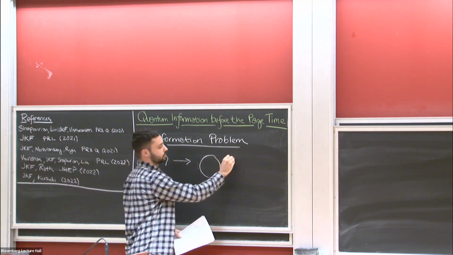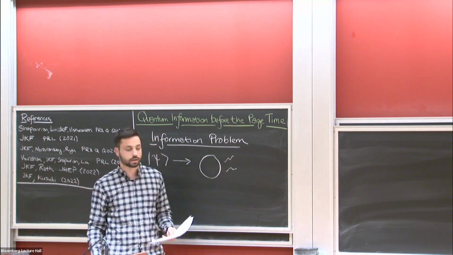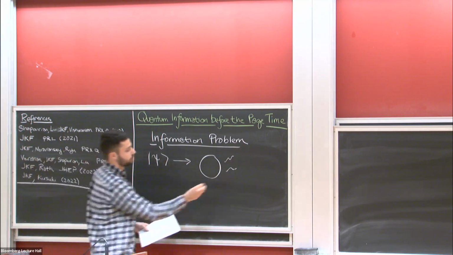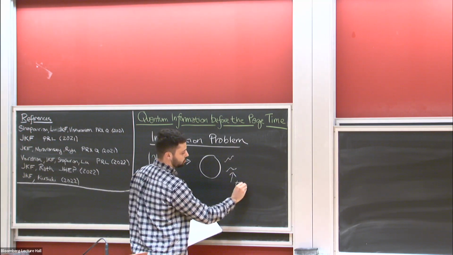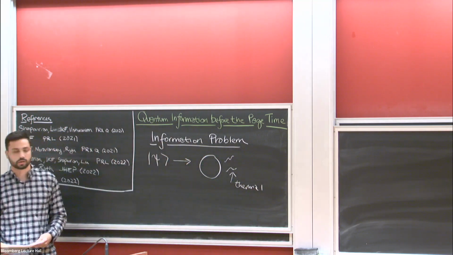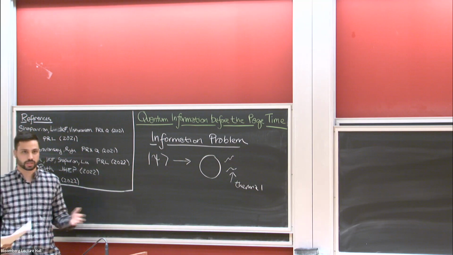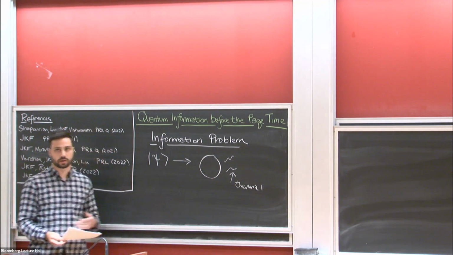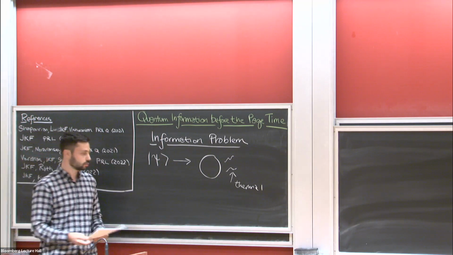So Hawking tells us that this black hole is going to radiate thermal radiation. The thermal states are maximal entropy states for their energy, and so they really contain a minimal amount of information.